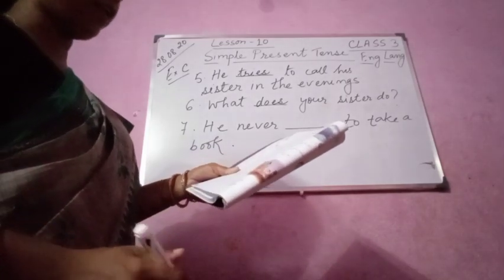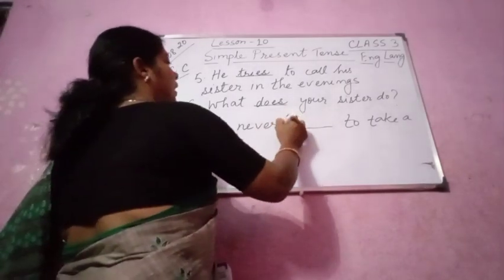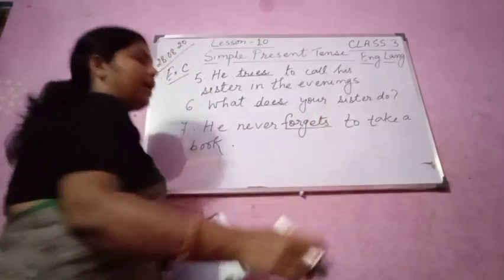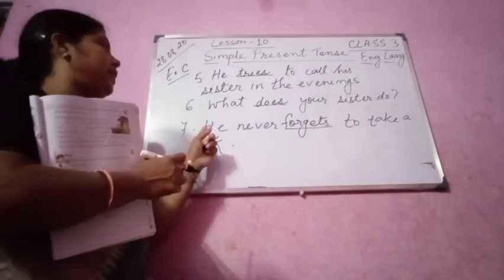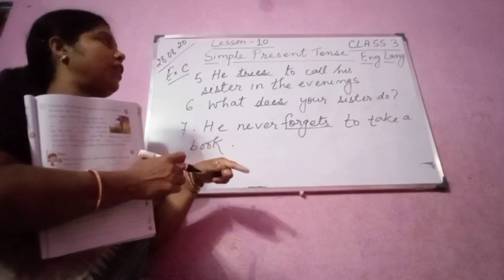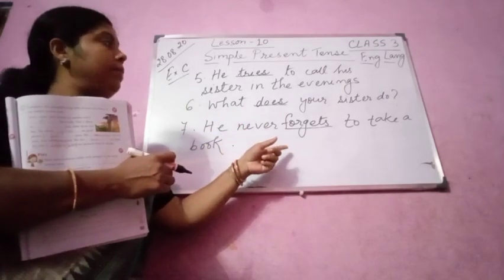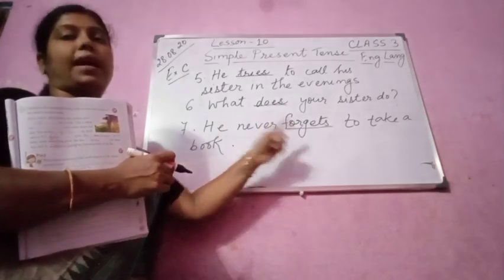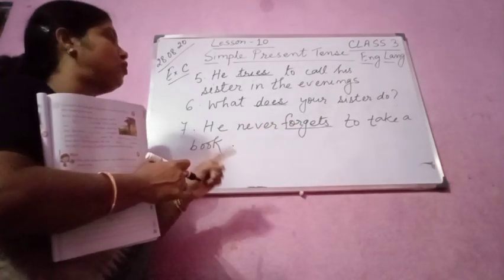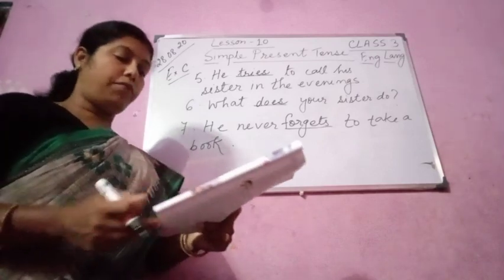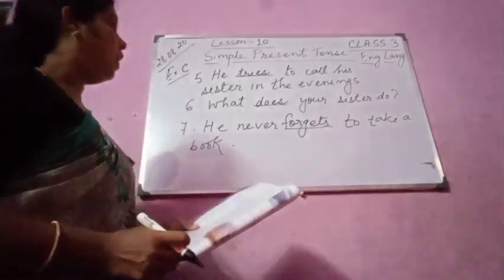Okay, he never forgets to take a book. Again same thing here my dear. Subject plus the verb. Along with the verb V1 we are adding S. He never forgets to take the book plus rest of the sentence. Right? He never forgets to take a book.